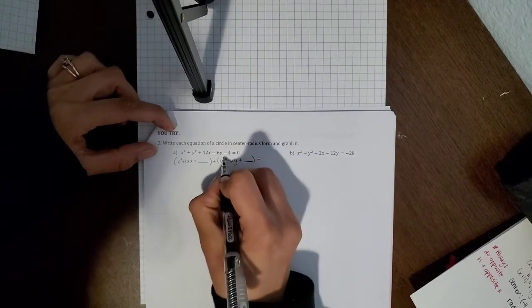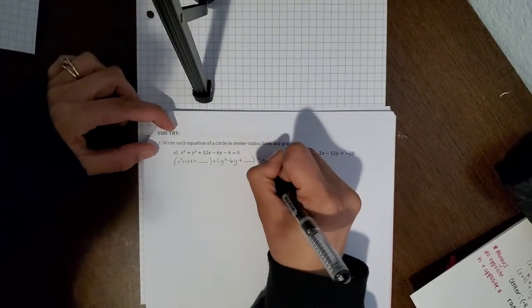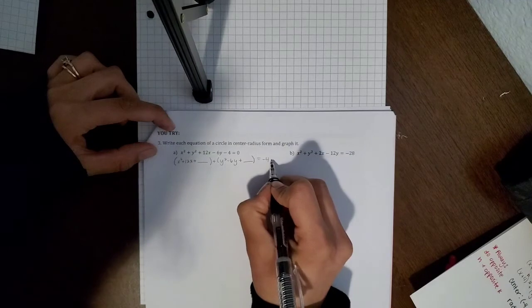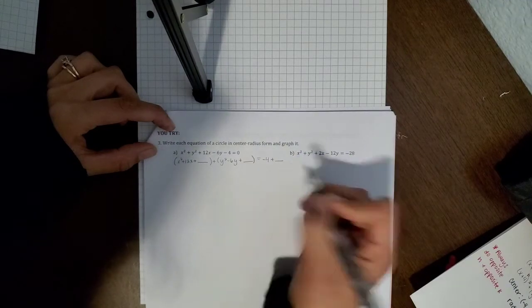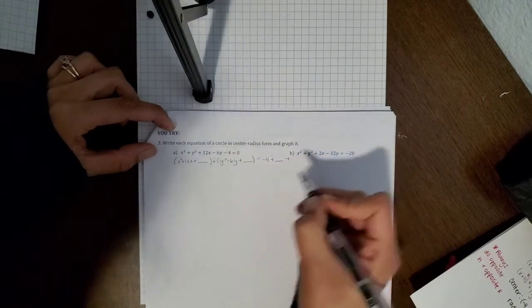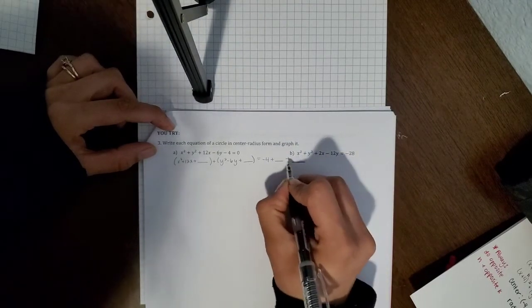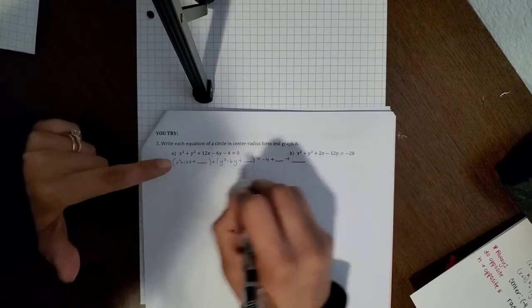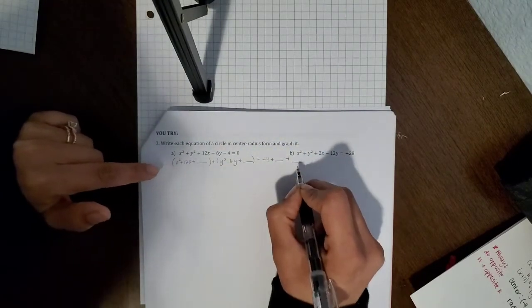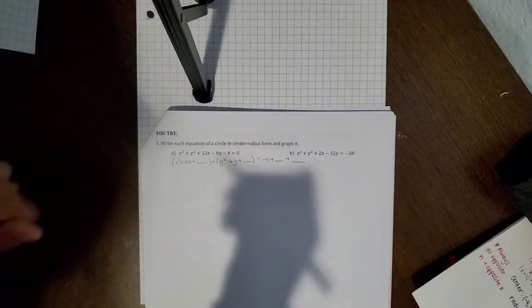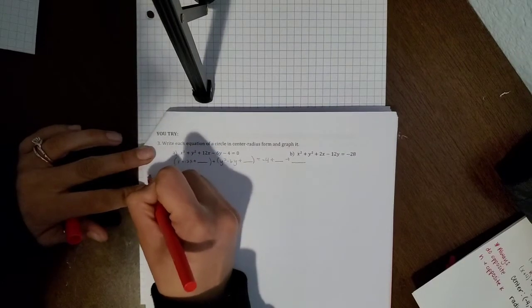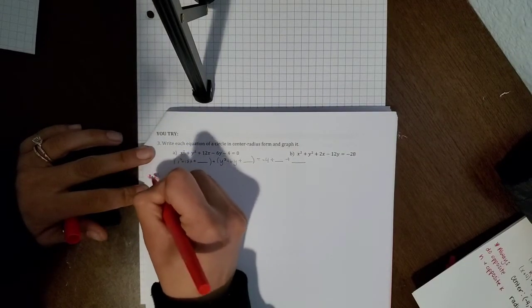And I'm going to be subtracting this 4 over already, so it's going to be here. Then I'm going to leave room for my magical numbers, the numbers that I'm going to get from completing the square. I'm going to do these lines already so that I remember that I have to add those numbers on both sides. And again, let's remember that the equation to complete the square is b over 2 squared.